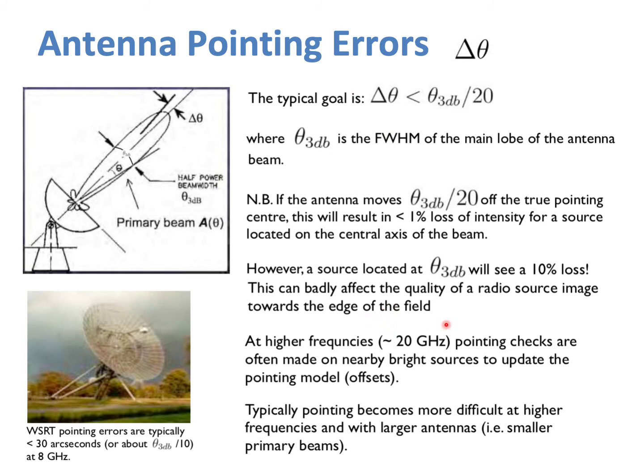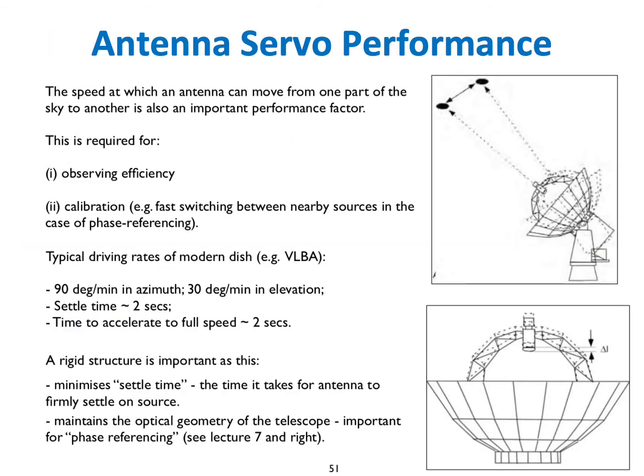So often at higher frequencies, in the tens of gigahertz, when you go to observe, you'll do a quick check where you scan over a source in one direction and then another direction on the sky, either in a plus or like an X, to see where the source peaks, to see if you think you're pointing where you're actually pointing. And again, at higher frequencies your beam gets smaller, but also with larger antennas your beam gets smaller. So pointing becomes difficult with those two constraints.